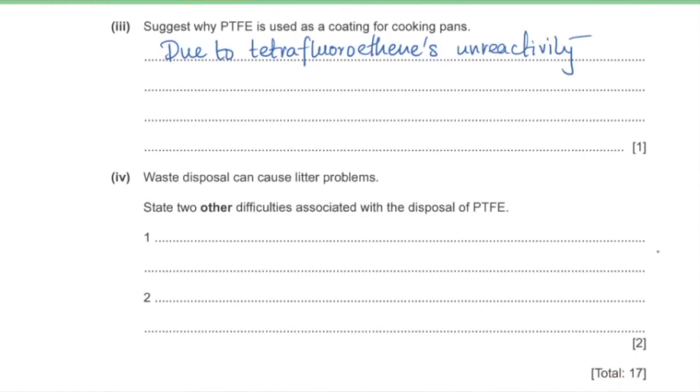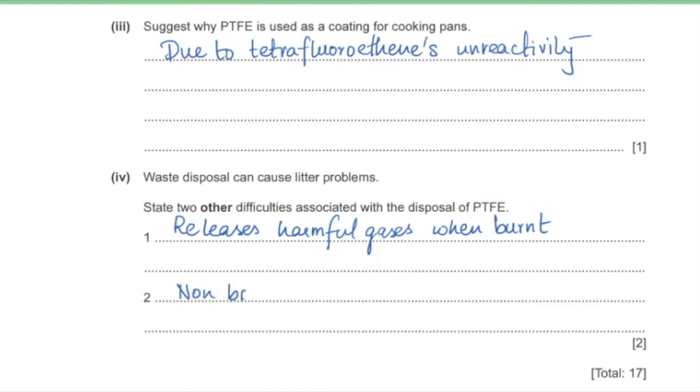State 2 other difficulties associated with the disposal of PTFE, that is polytetrafluoroethene, the polymer formed out of addition polymerization. So PTFE releases harmful gases when it is burned. And the second disadvantage could be that it is non-biodegradable.